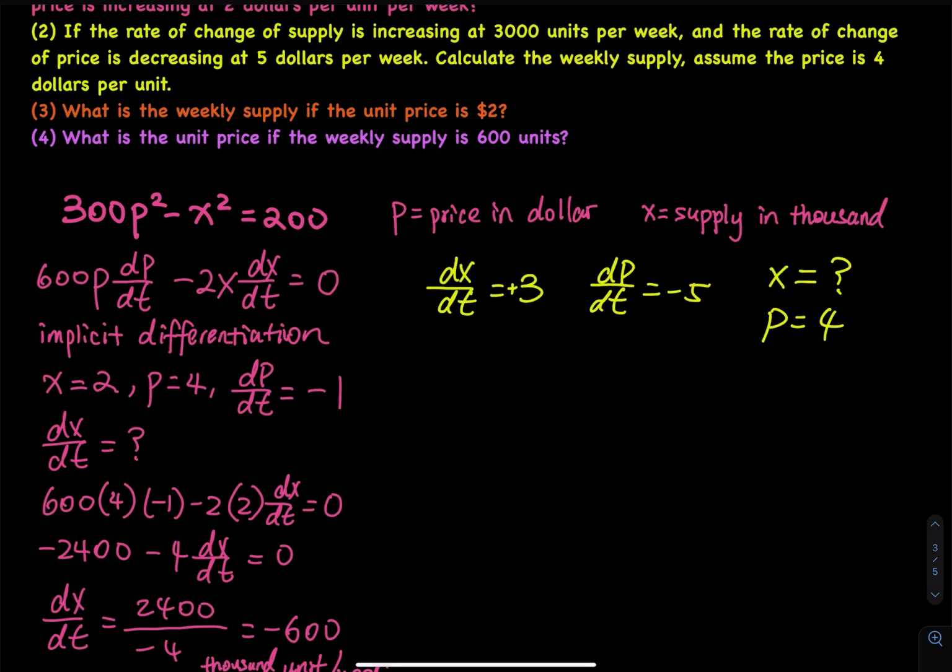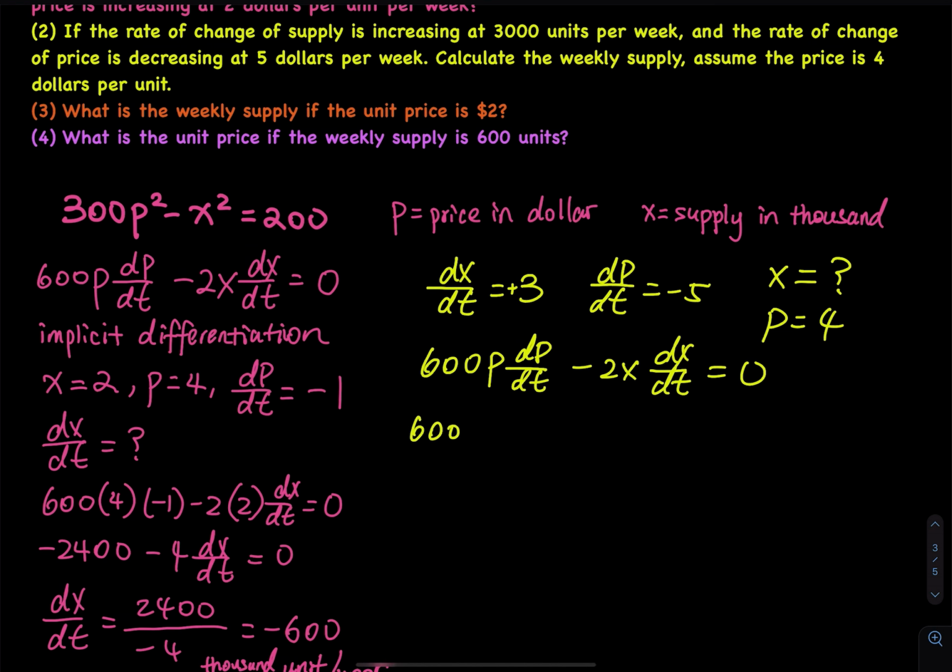Okay, do the plug-in. So the derivative is 600 P dp/dt minus 2x dx/dt equals 0. This is using implicit differentiation, and then you plug in everything you know. So we have 600 multiplied by 4, and then dp/dt is -5, minus 2 times x, we don't know x, and dx/dt is positive 3, so that is equal to 0.